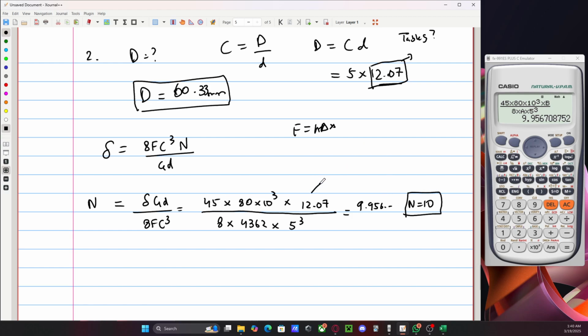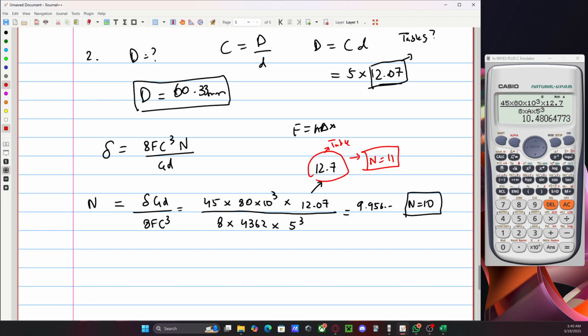Now, if this diameter was a bit bigger, because if you look at the actual sizes of diameters in the tables, the next size is 12.7. If we were to use 12.7 instead of this, you'll notice it's 12.48, and this would give us an N of 11. So if you use tables, we would get an N of 11, just so you know.